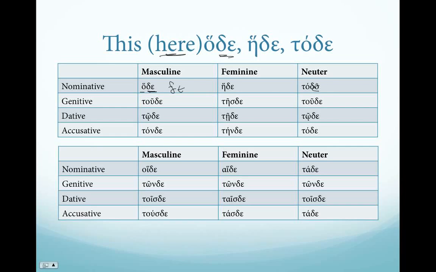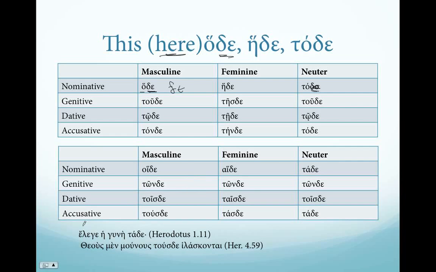Toude, tesde, toude, tode, tende, tode. So if you know how to form your articles, just add a de onto there, accent the nominatives, hoide, haide, tade, and then you can go ahead and translate.